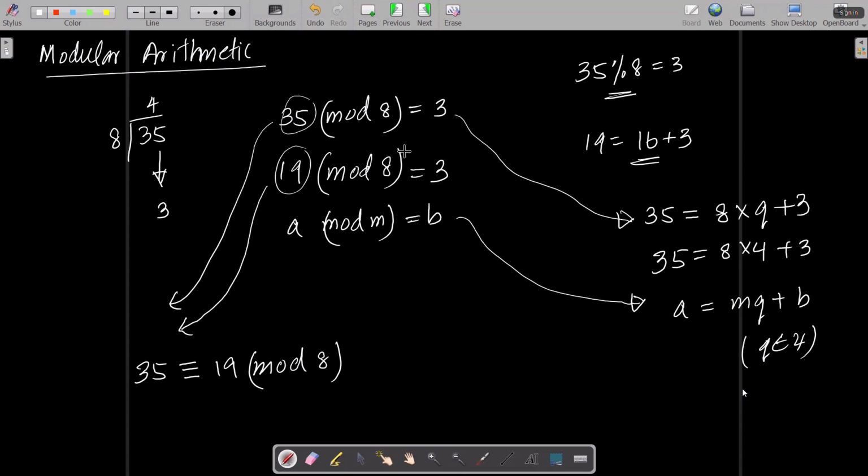And there are some special properties of modular arithmetic you need to consider. I will go to the next page.